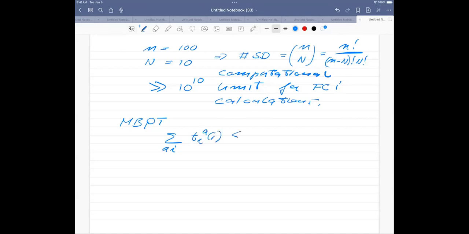And then we have these matrix elements, which we can also calculate. So N equal 10 means that we would have 10 hole states. So this sum over i is 10, and the sum over a runs from 11 to 100. So I have 90 contributions here.